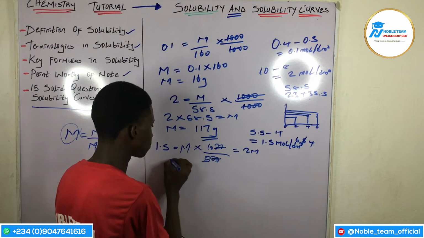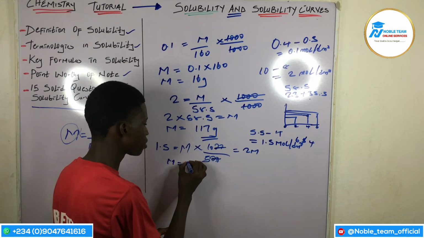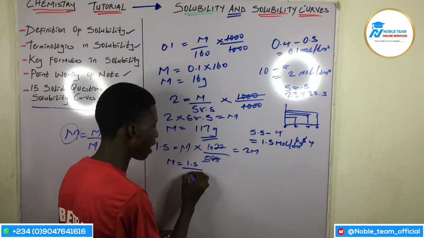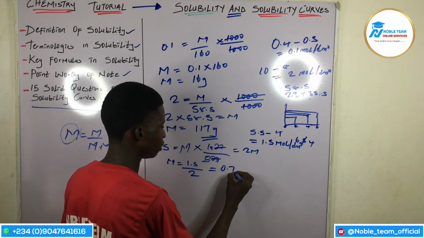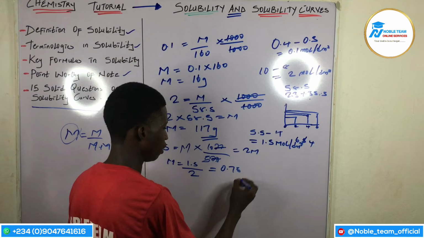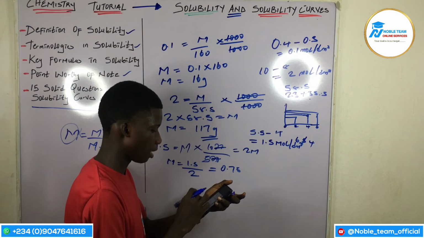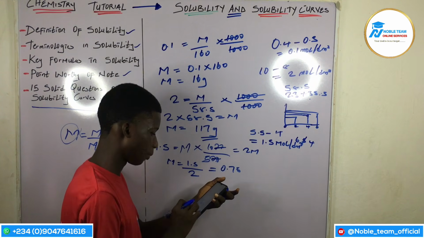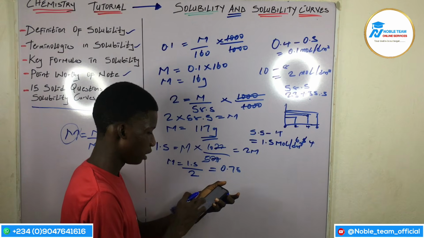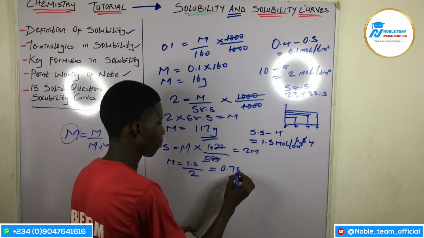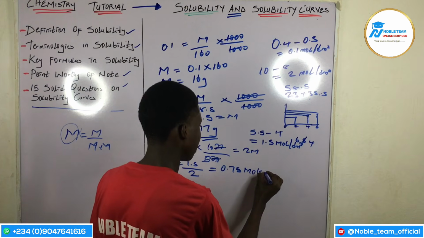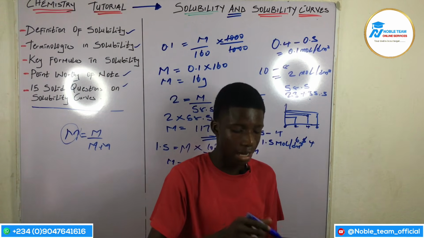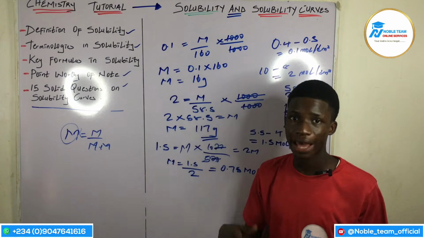Then making m subject of formula, we have m is equal to 1.5 divided by what? 2, and we have it to be 0 point something, I think 0.75. Let me just divide to know if I'm correct. 1.5 divided by 2, yes, 0.75 moles, because we are asked to get the amount of X that will be deposited. You understand why I did this?